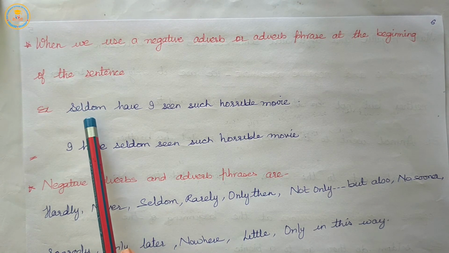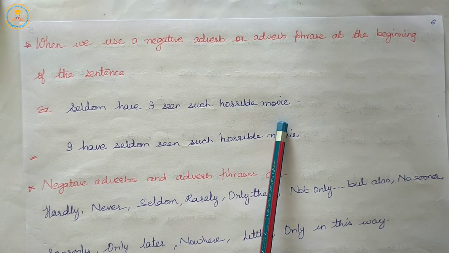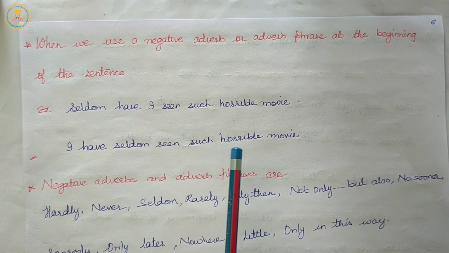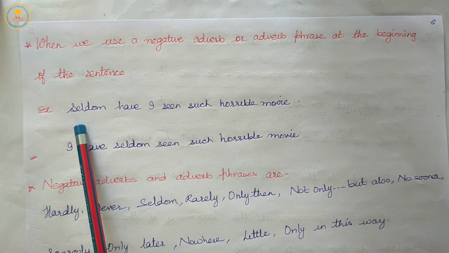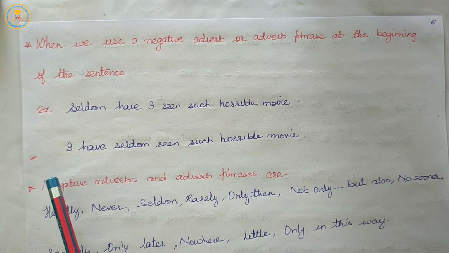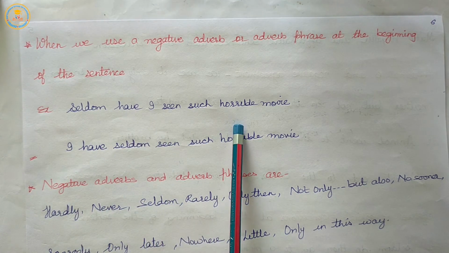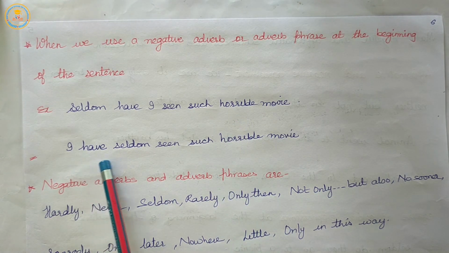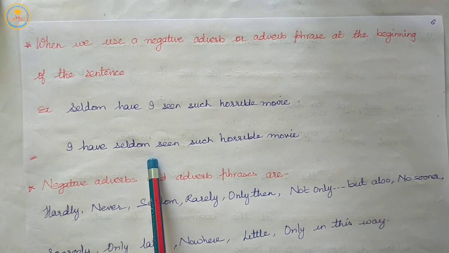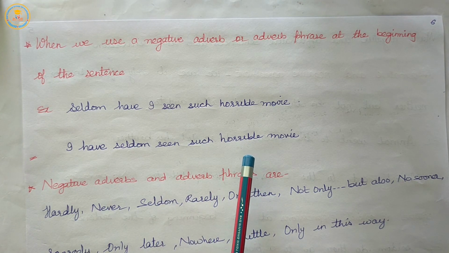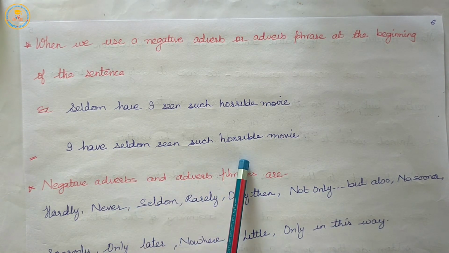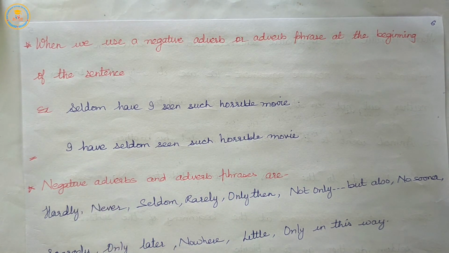So in the first sentence, seldom have I seen such a horrible movie, we use inversion because seldom is at the beginning. This sentence emphasizes what a horrible movie it is. And second, I have seldom seen such a horrible movie. Seldom is in the normal place, so we don't use inversion. This is a normal sentence with no special emphasis.